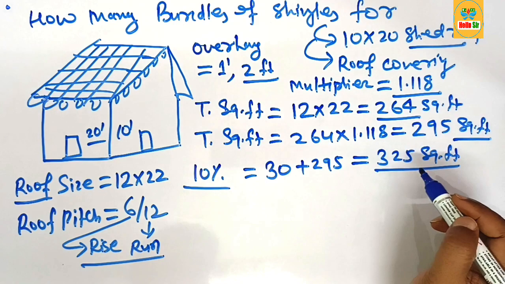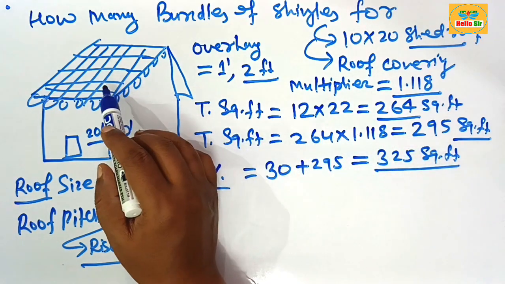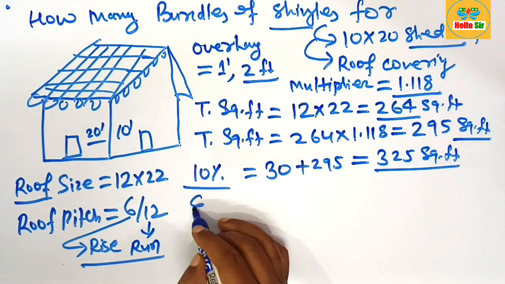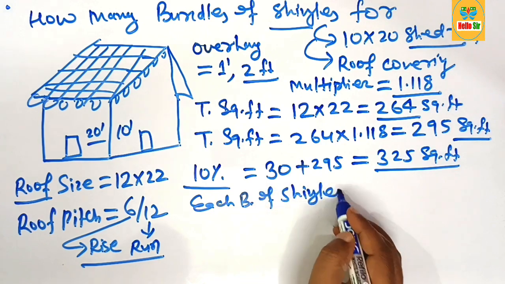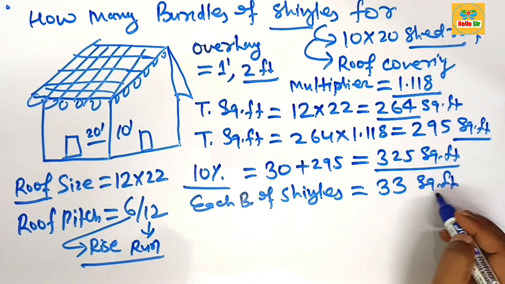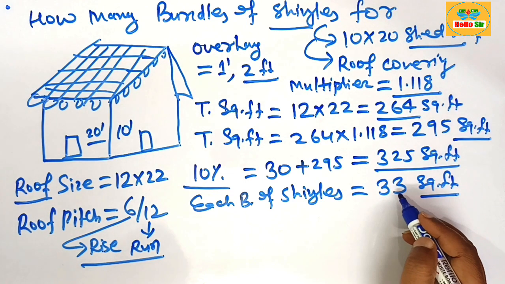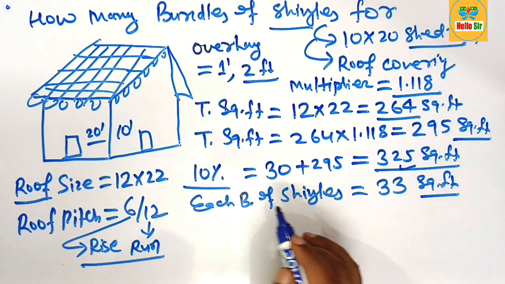It means you have to cover a total of 325 square feet of roof with shingles material, and each bundle of shingles covers about 33 square feet. Remember this: each bundle of shingles covers about 33 square feet and your total area is 325.